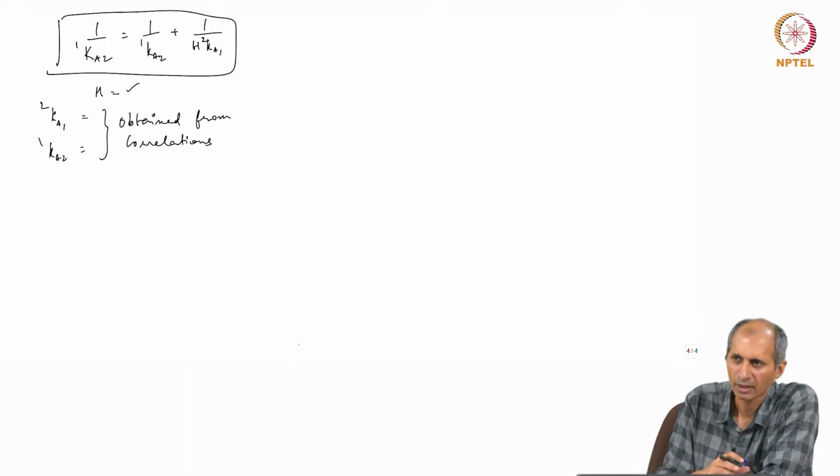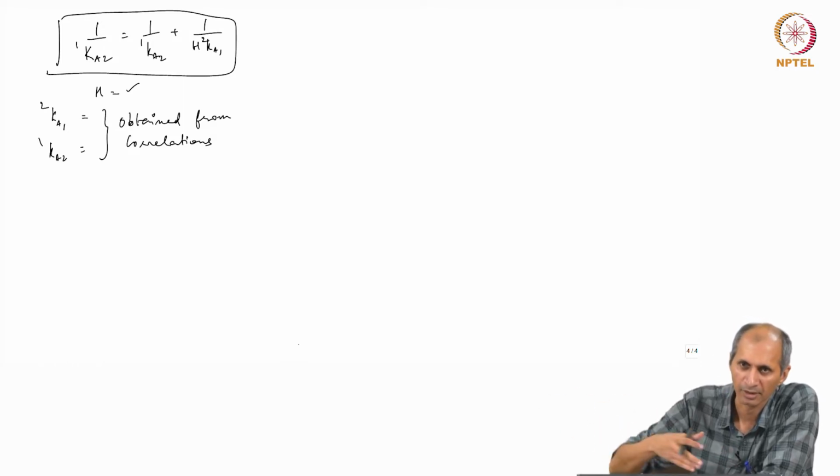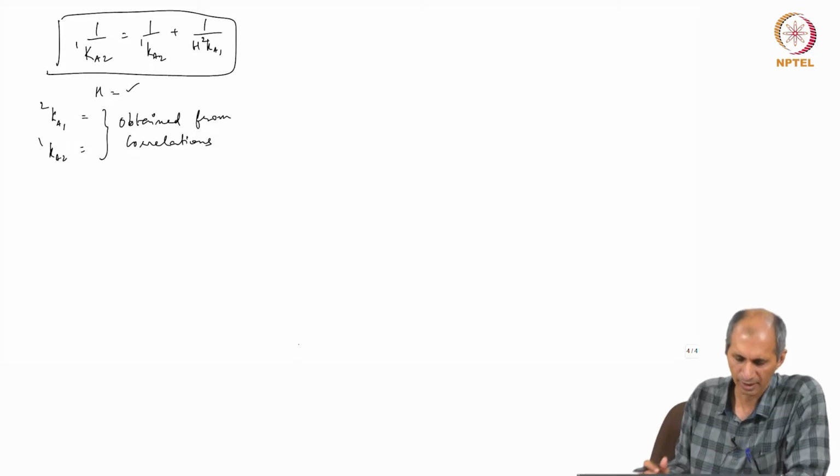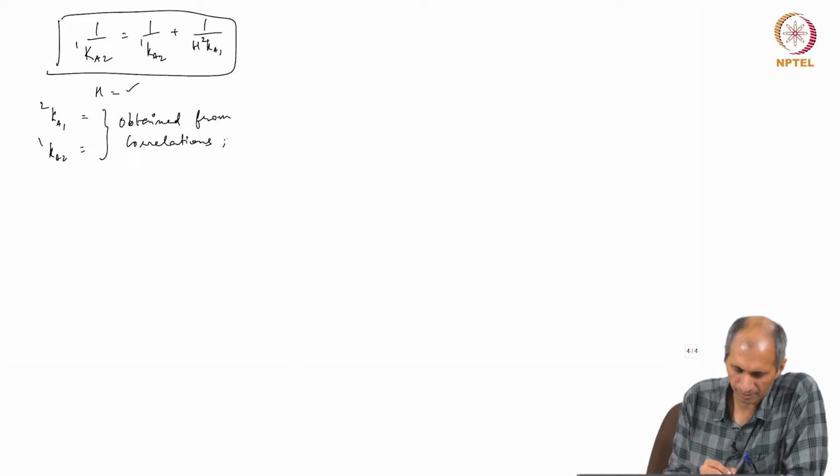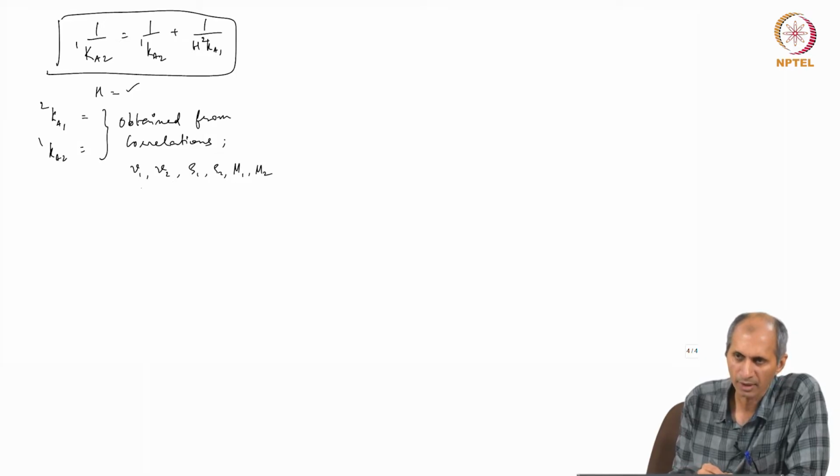For a lake, sometimes it will be a mass transfer coefficient for a lake of a certain length, diameter or certain depth and all that. So, these kinds of conditions will be there. And we saw yesterday that the correlations are usually of the form where you have the velocity of water, velocity of air, and the properties of these things: the density of water, density of air, viscosity of air, viscosity of water, and so on, and length, diffusion coefficient of A in water and A in air.